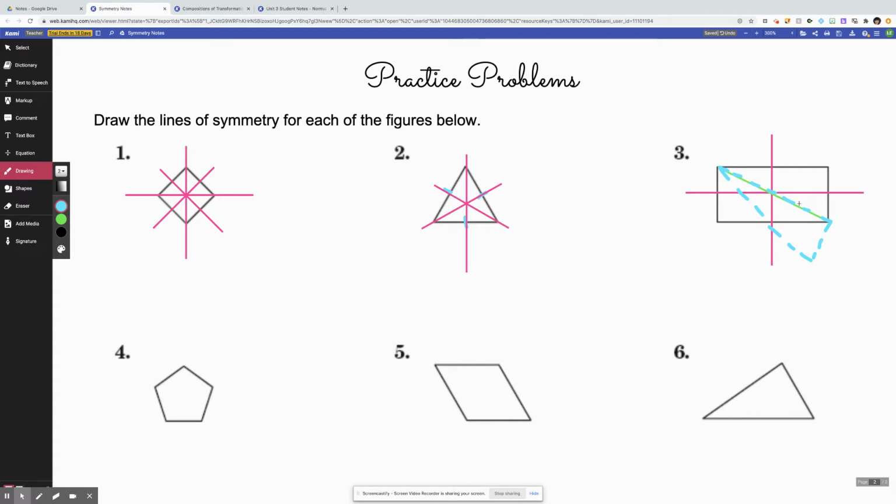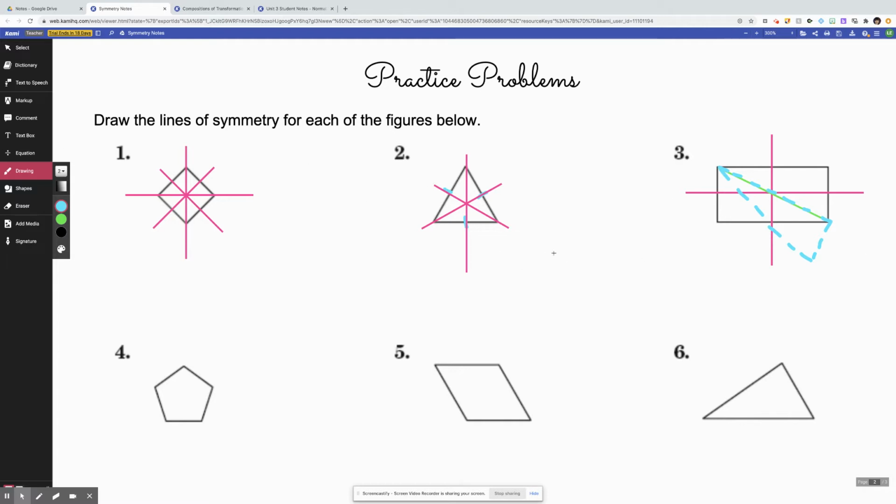It doesn't map or fold right back into itself. It's true that this green line does create two congruent right triangles, one here in the top right, and one down here in the bottom left, but it's not a perfect fold.